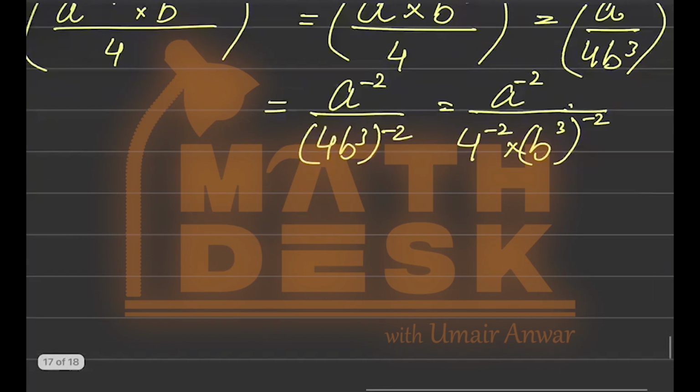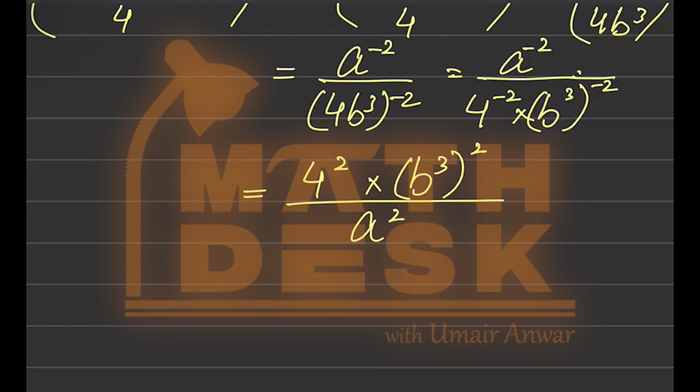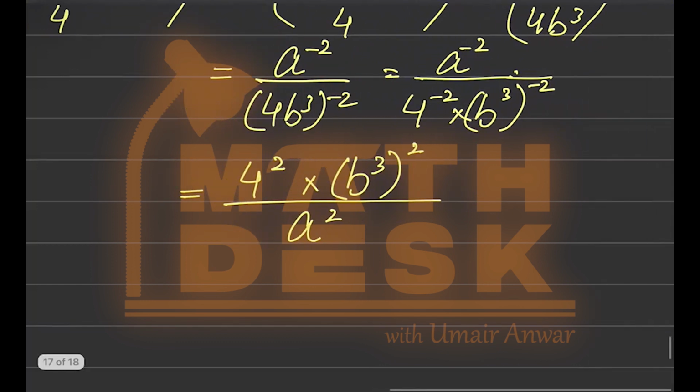Now to change the powers, we could move 4 in the numerator so that it becomes 4 square. B cube would also be moved in the numerator, so the power of minus 2 would become 2. And a should be moved in the denominator so that it becomes a raised to plus 2.